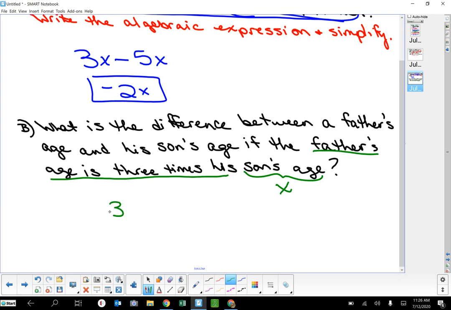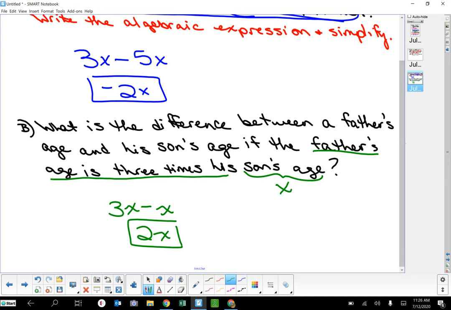So we have 3x for the father minus x for the son, and that equals 2x. And we don't have any information here about he's 40 years old or whatever, so you can't actually find his age. It's just asking for an expression that tells you that information. So that would be 2x.